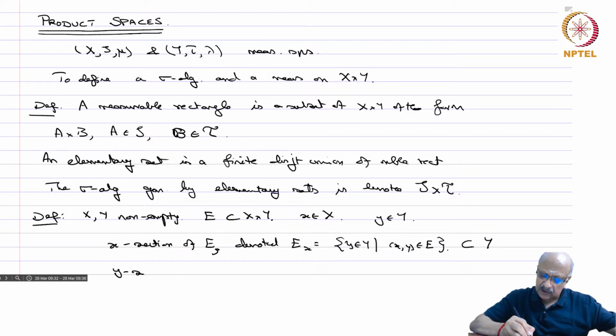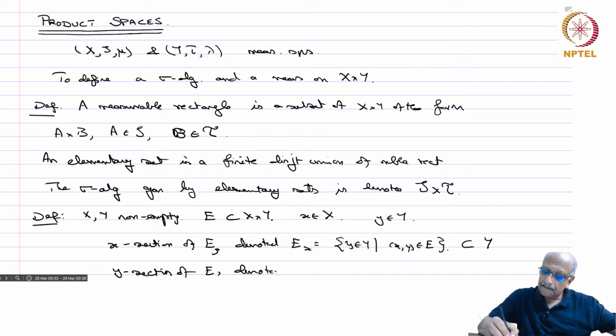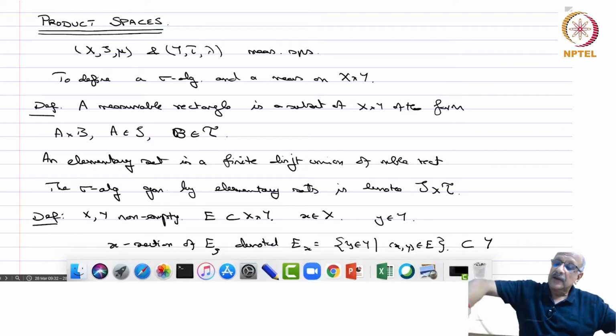Similarly, the y section of E, denoted E super y, is the set of all x in X such that (x, y) belongs to E. And this, of course, is contained in X.